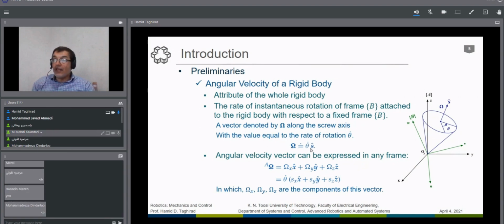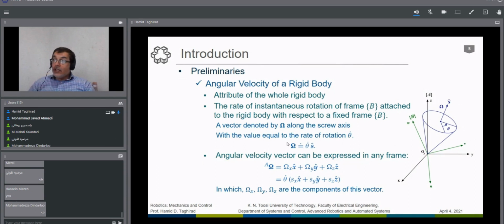The direction of the vector is the same old screw axis, the axis that we rotate about, with the right-hand definition. And the magnitude is how fast this rotation is happening, which we call theta dot. So angular velocity is defined as theta dot times s hat.